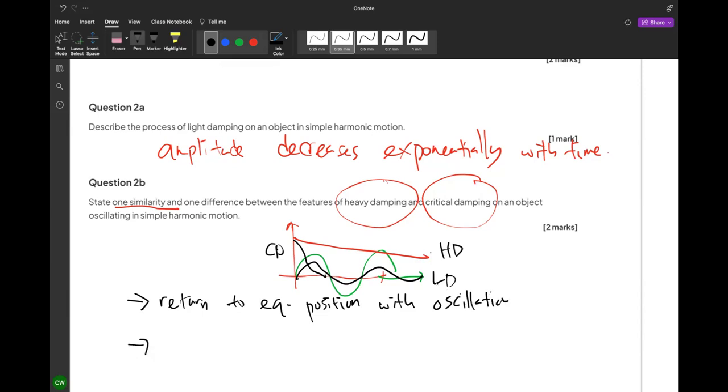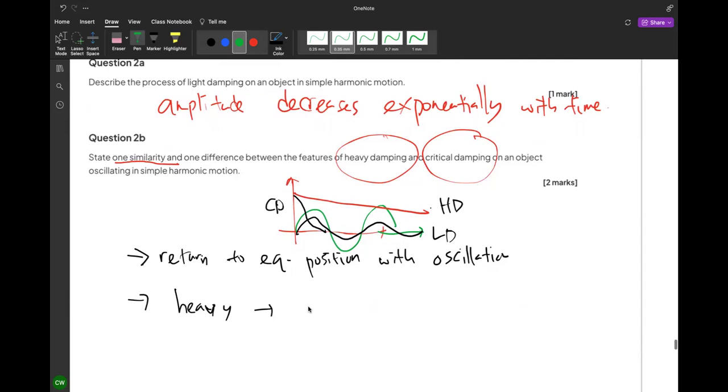So the difference is about what? About the time. Heavily damped takes a very, very long time to return. Critical will be the shortest possible time.